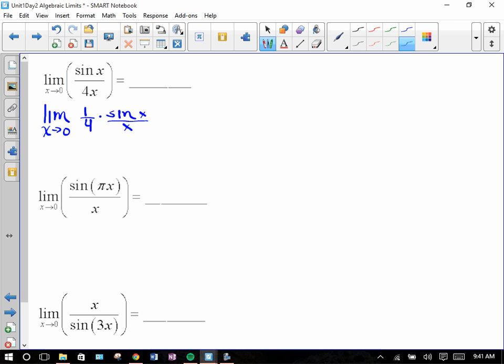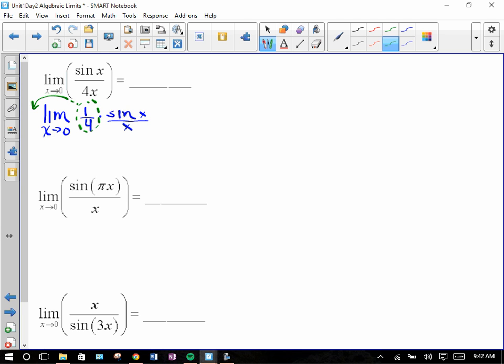So, using the constant multiple rule, like Michelle said, we can take this 1/4. Because we're really right here, it's sine x divided by 4x. So that is just 4 times x. So really, it's sine x divided by 4 times x, so divided by 4 and x. So I can bring this 1/4 out now.